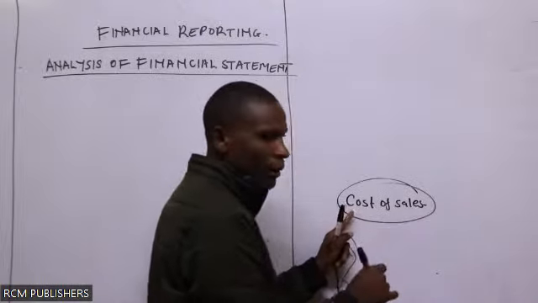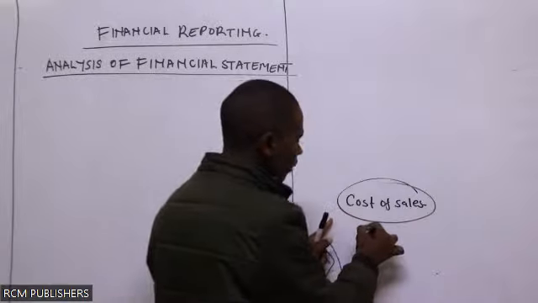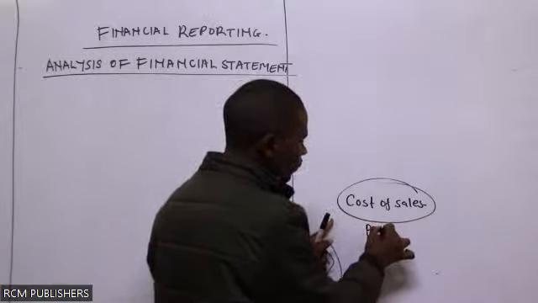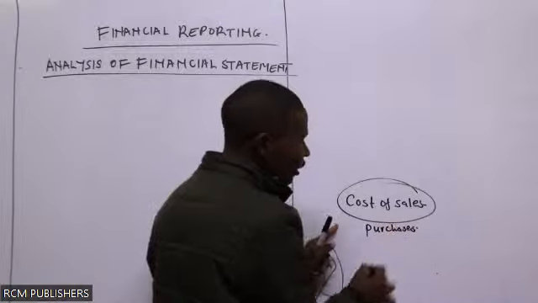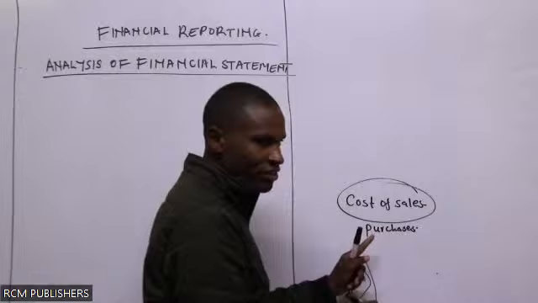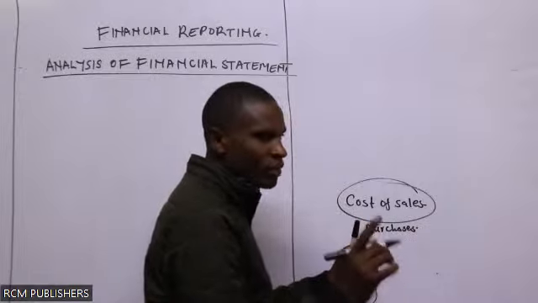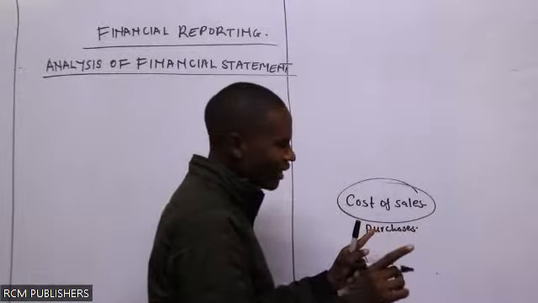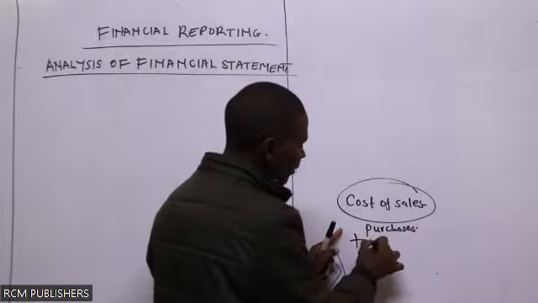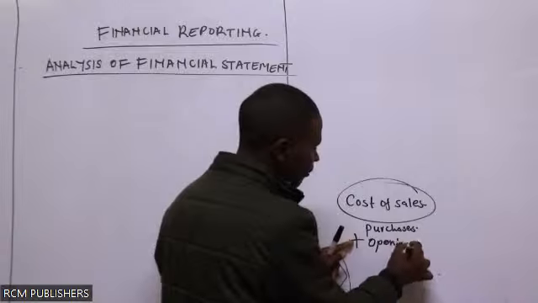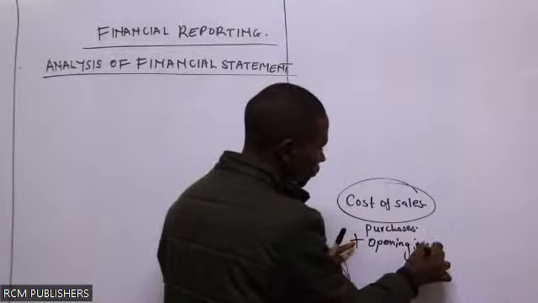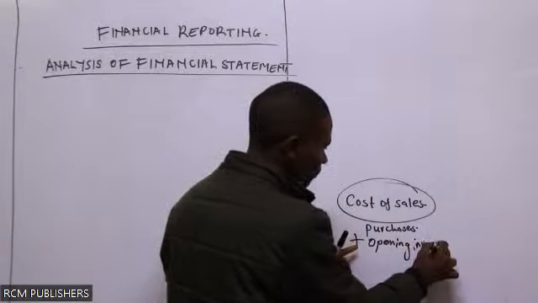Whereby we take our purchases, we add opening inventory, right? We add opening inventory, and then we less what? What do we less? We add opening inventory to get our cost of sale. I want you people to be very, very ripe on this.